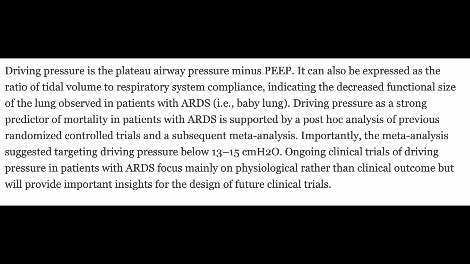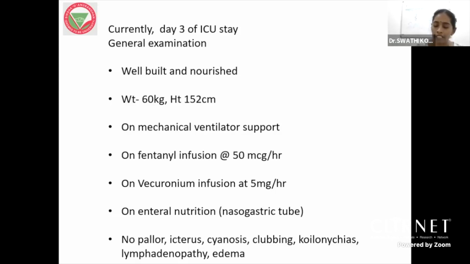In ARDS patients, we give PEEP to expand the collapsed alveoli, to decrease the dead space ventilation, and also to decrease the shunt fraction. So I want to give PEEP in these patients, ma'am.